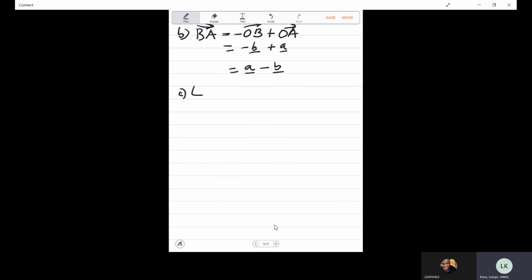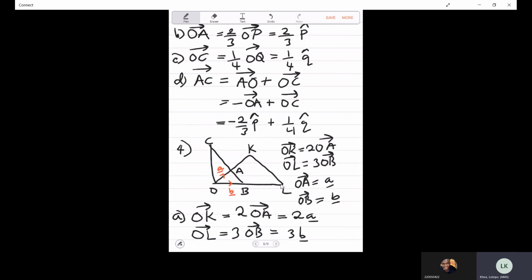Then C, we have to write LK in terms of A and B. So we'll go back to our diagram. LK, so you're here at L and you want to get to K. So you can go from L to O because we know what OL is. So that's negative OL. And then once you're at O, you go from O to K. So it's the negative of OL because you're going in the opposite direction, and then you add OK.